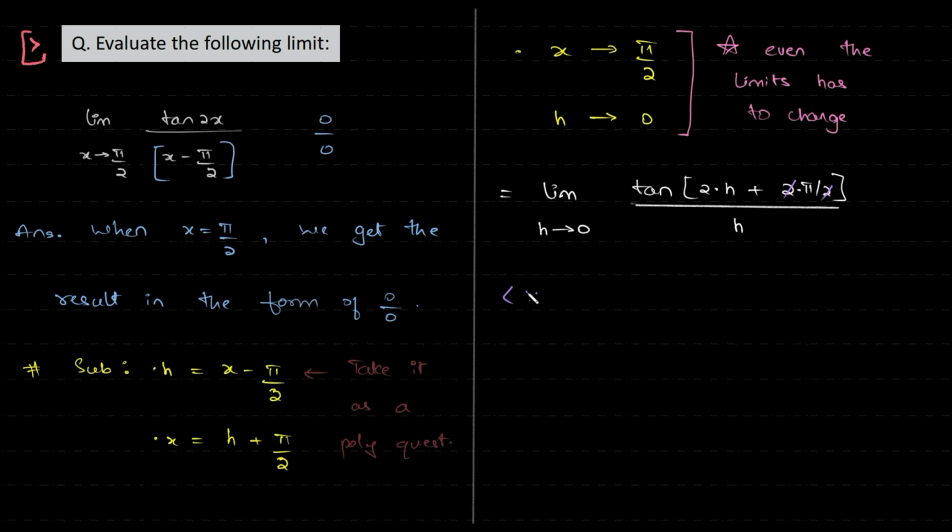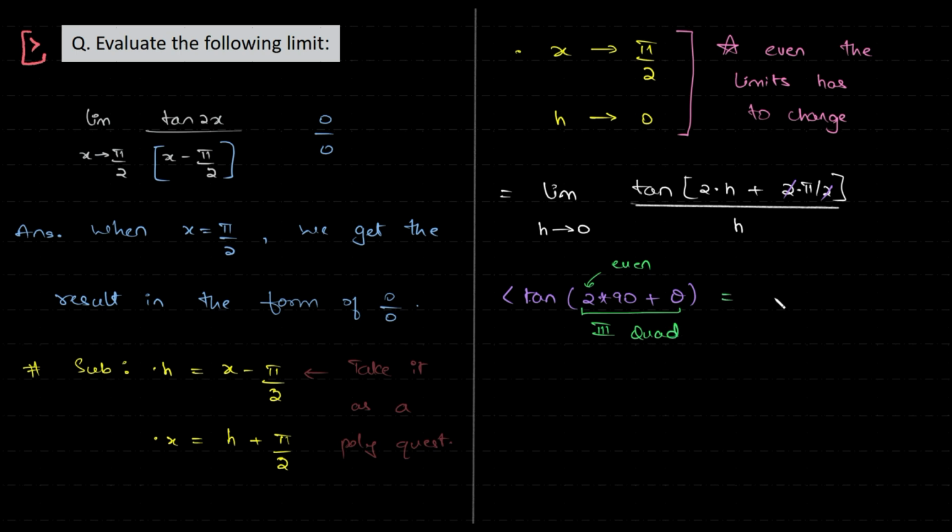Okay, let's analyze the numerator. Tan of 2 into 90 plus theta is of this form. So we know that this is even. We can see that clearly, and this turns out to be in the third quadrant.